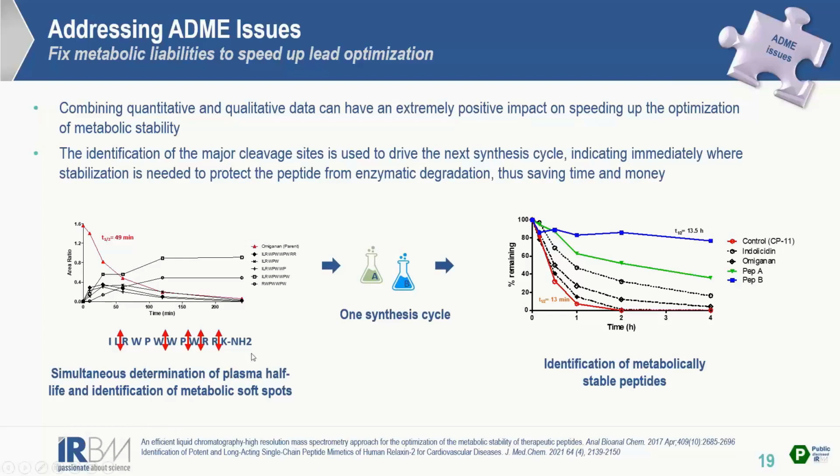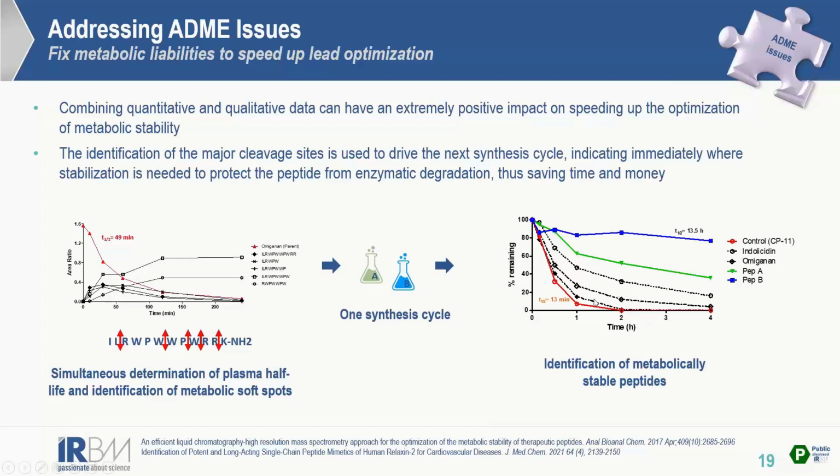Positions that need to be modified to increase metabolic stability are thus immediately identified, and chemical strategies to derivatize or single-point mutate the peptide sequence to stabilize the metabolic soft spot can be introduced already in the next synthesis cycle, affording peptides which are metabolically stable and have prolonged half-lives.